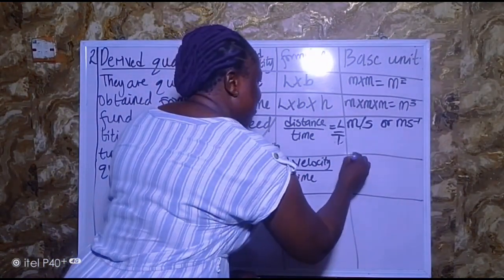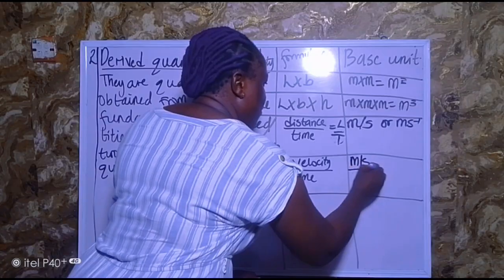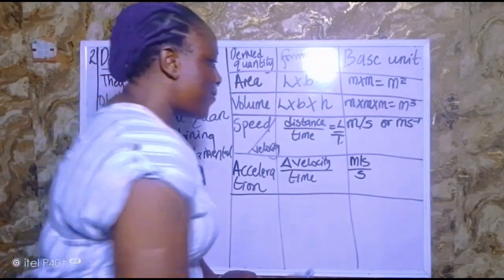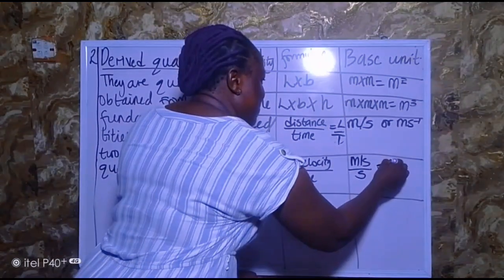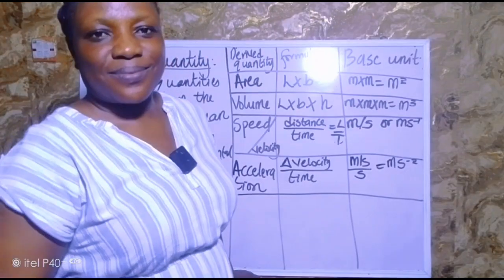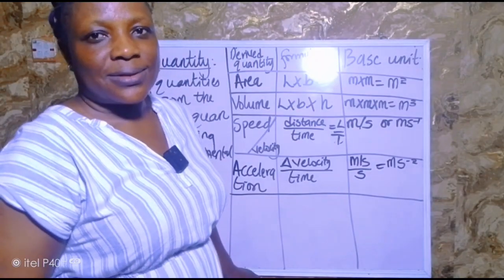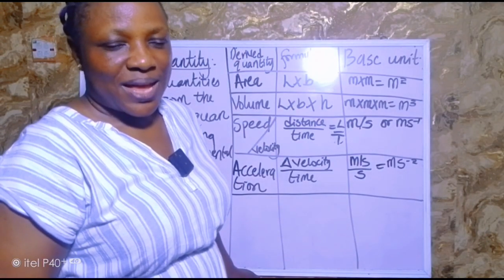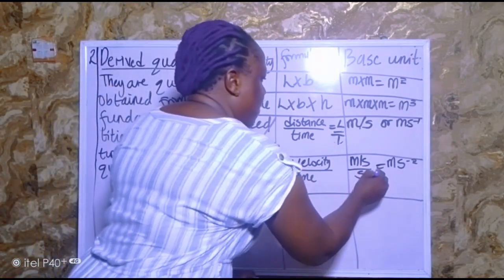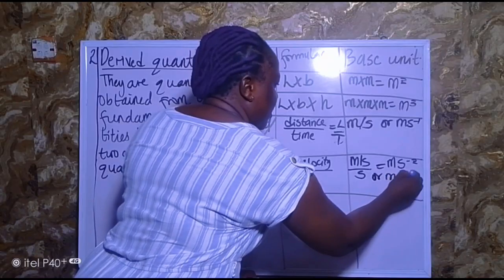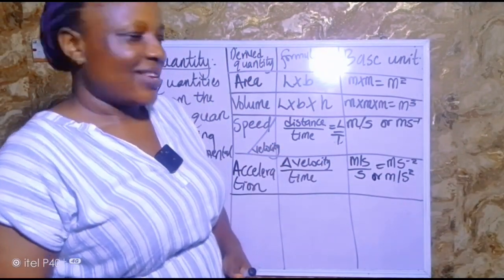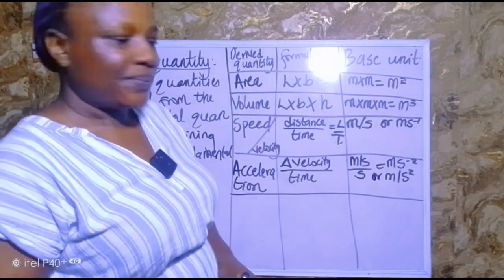So you just write your m over your time, here is s. So it's the same thing as meter per second squared. Have you seen it? Or m s to the power of minus 2. Yes, they are the same thing.